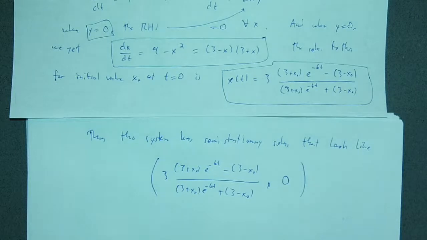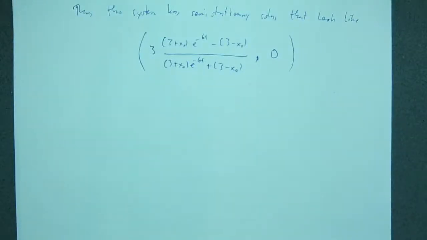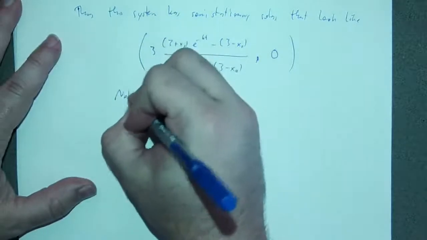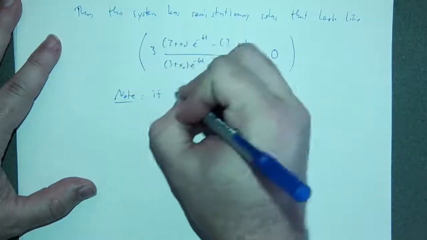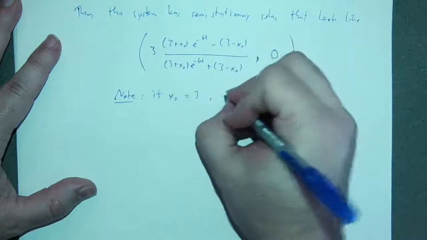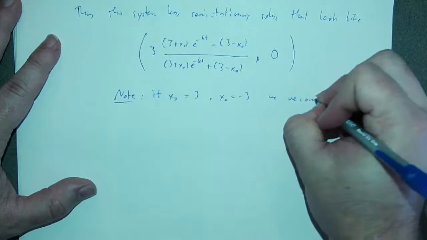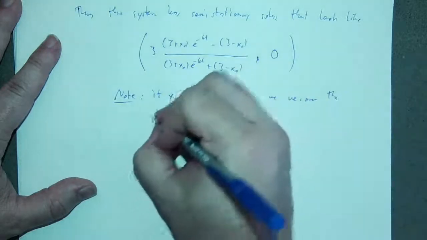Okay, now you might say, well, stationary solutions should also be semi-stationary, so somehow I should be able to recover stationary solutions from this. Well, notice if x naught equals 3, x naught equals minus 3, we recover the stationary solutions.